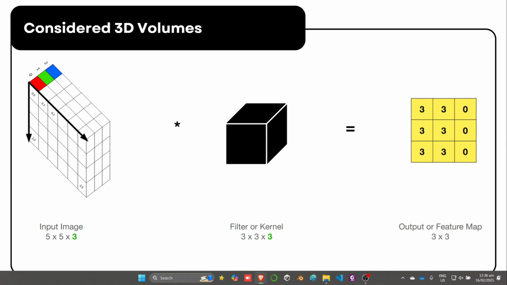However, in reality, as I said, CNNs tend to have many filters, which can be hundreds, even thousands, although that's a bit excessive. In most cases, it's between 64 and 256 filters for some simple classifiers.